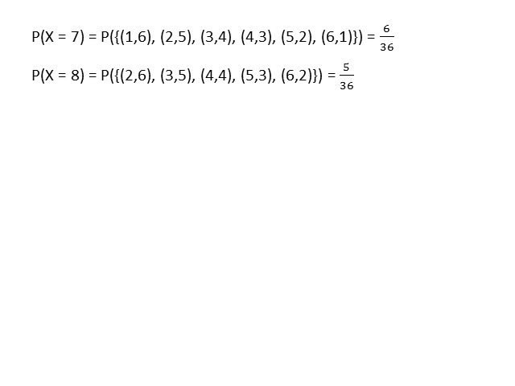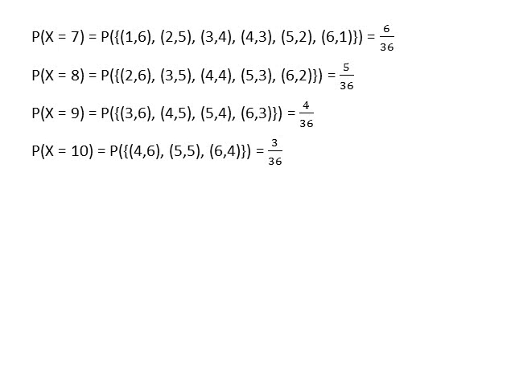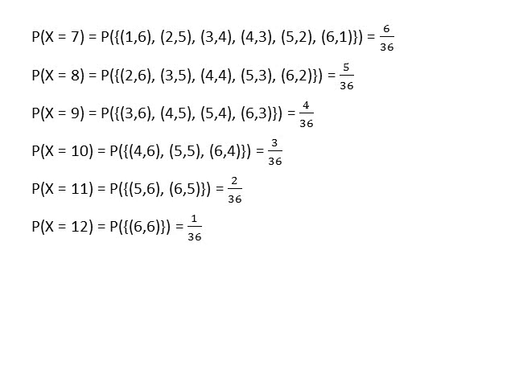So the probability of x = 8 is 5/36. Similarly, the probability of x = 9 is 4/36, the probability of x = 10 is 3/36, the probability of x = 11 is 2/36, and the probability of x = 12 is 1/36.